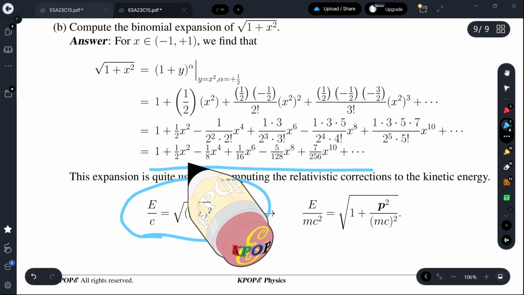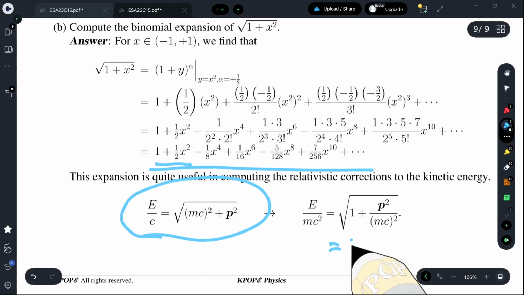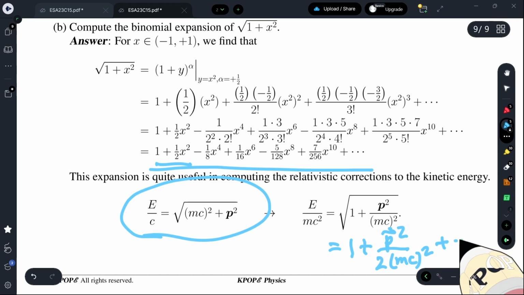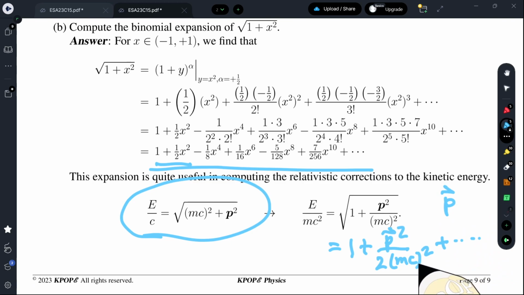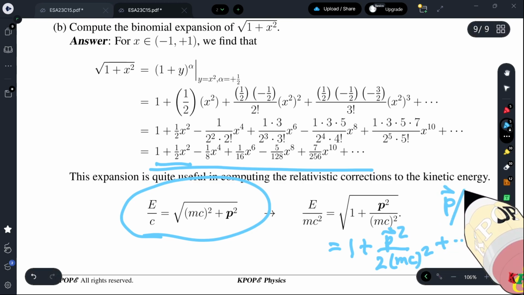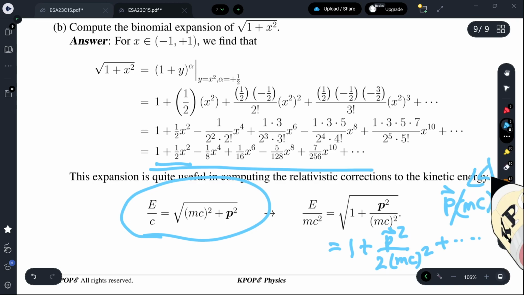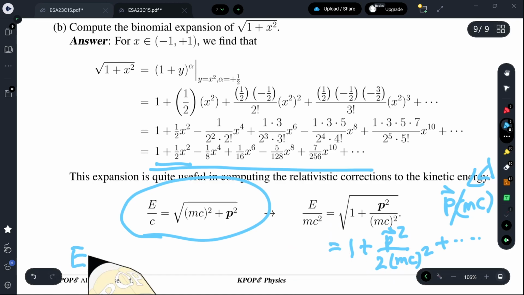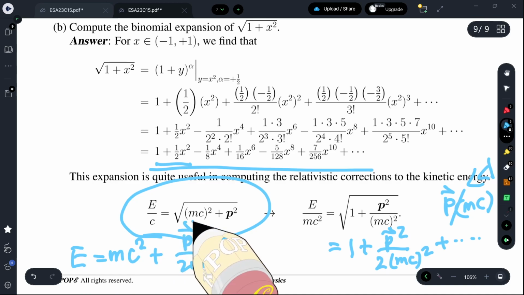If I make use of this second term, this expression becomes 1 plus p squared over 2 m squared c squared, and we can ignore the rest if p is very small in comparison with the speed of light multiplied by the rest mass. If I multiply mc squared on both sides, what I obtain is the rest energy plus p squared over 2m.